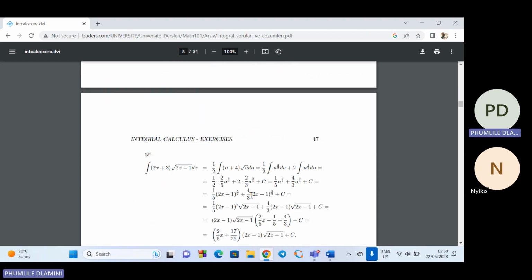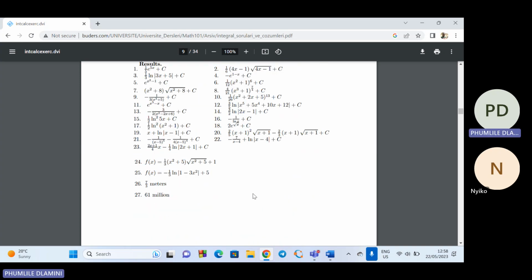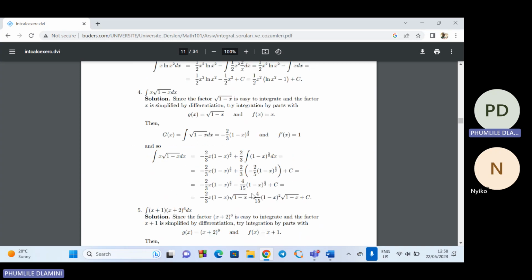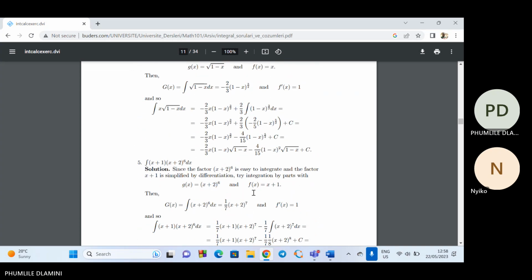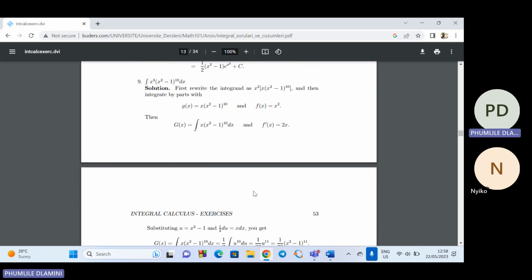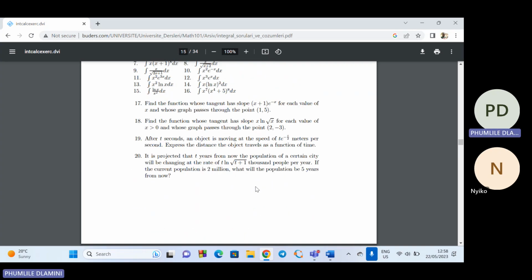You can also start with this one. I think they are very nice, and there are many questions there. I'm not sure, it has 34 pages. You can start at the first page, take 10 pages for today, trying to practice and understand. Then after that, you'll be fine.